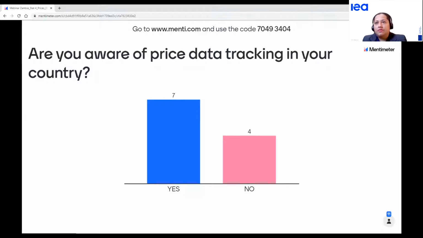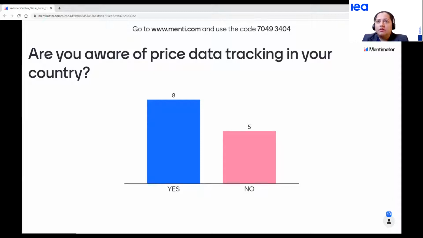We have a few that say that there is price data tracking, but some participants are not aware of it. This is something we can dig into later on when we start having bilaterals on prices with the people who work on prices.